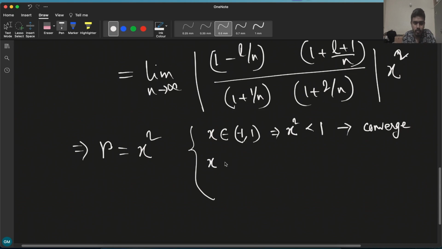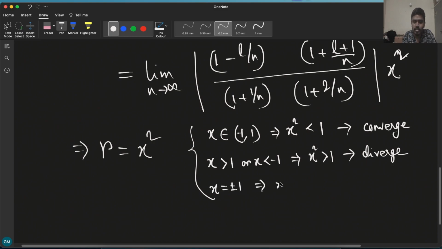If x is greater than 1 or x is less than minus 1, then x square will be greater than 1, which implies R is also greater than 1, and that will imply that the series will diverge. And if x equals plus or minus 1, or x square equals 1, or rather R equals 1, the test fails.